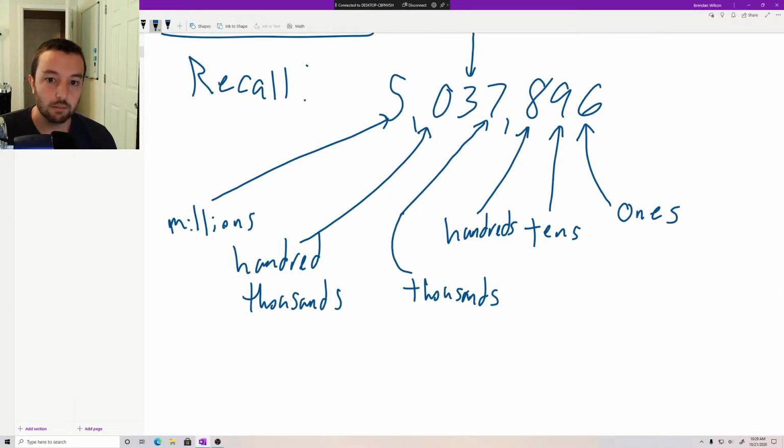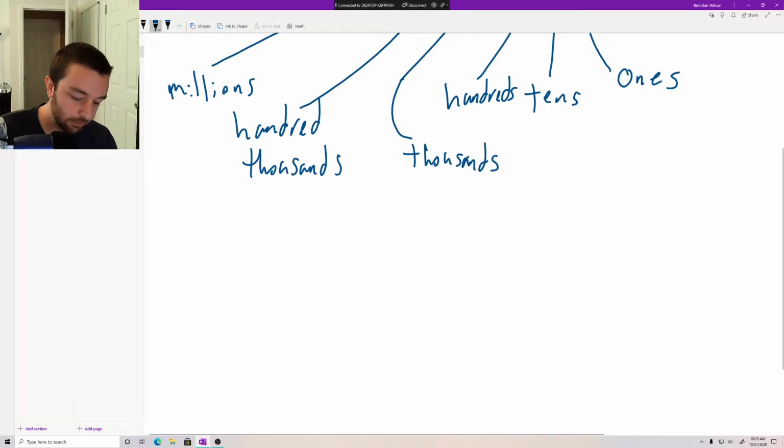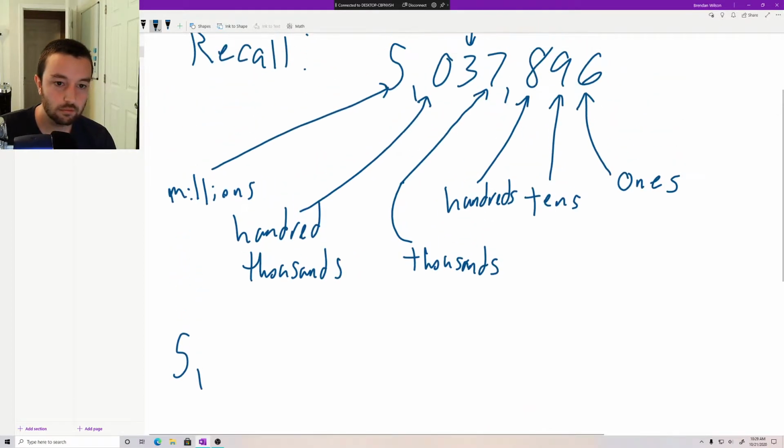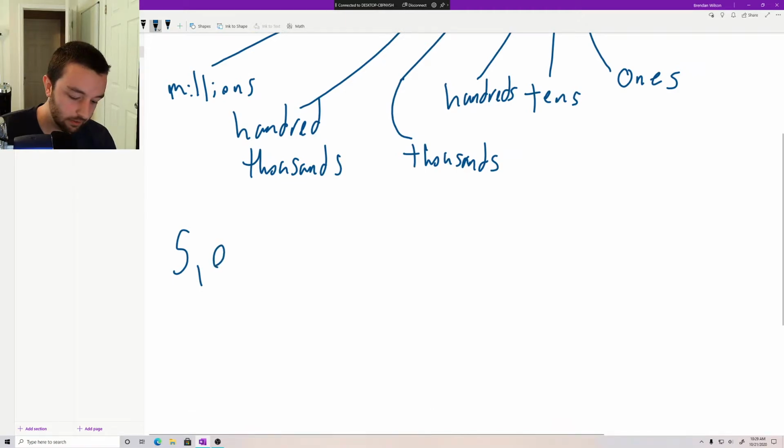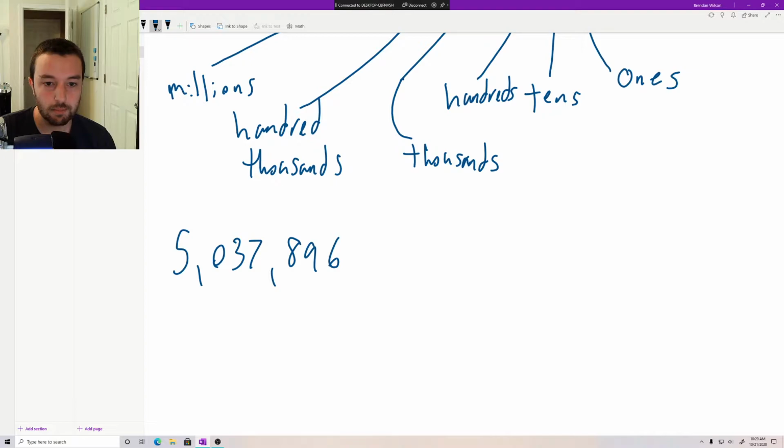These names come from the fact that we could take this number, 5,037,896. We did some simpler examples of this back all the way in 1.1, so it's okay if you don't remember this part.